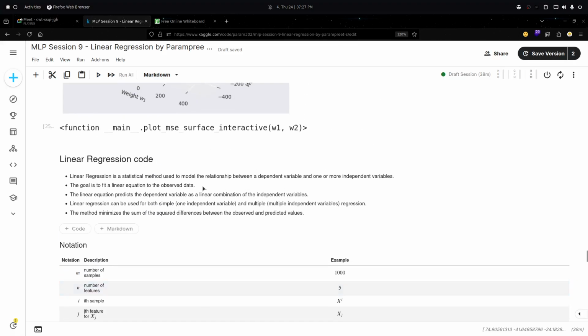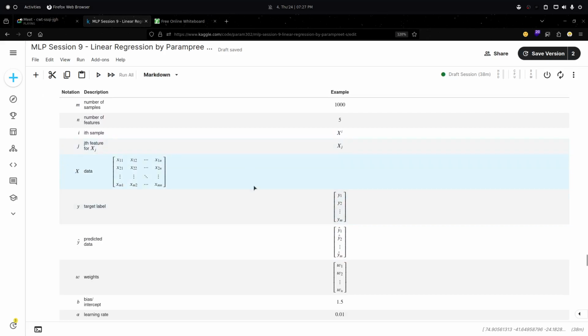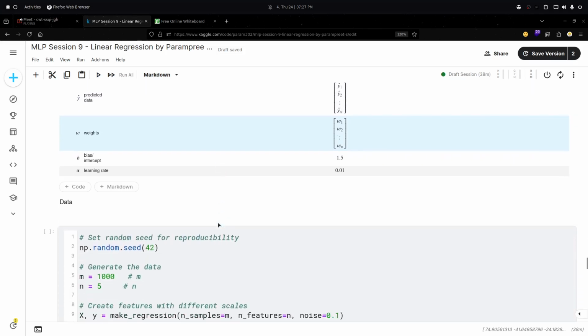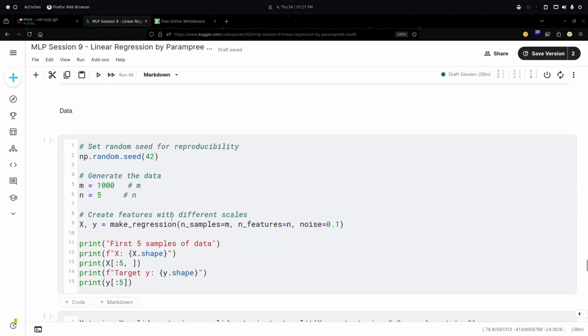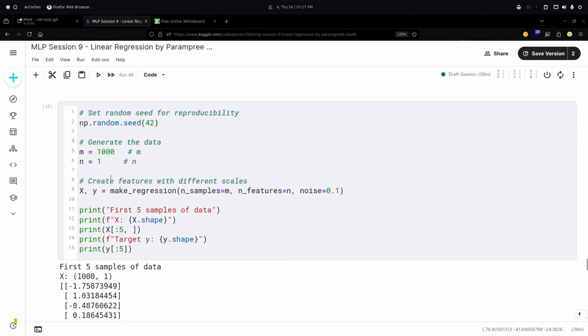Let's start from here. This is the table for the notations which we have. What I'm doing here is, let's first do it for one feature only.